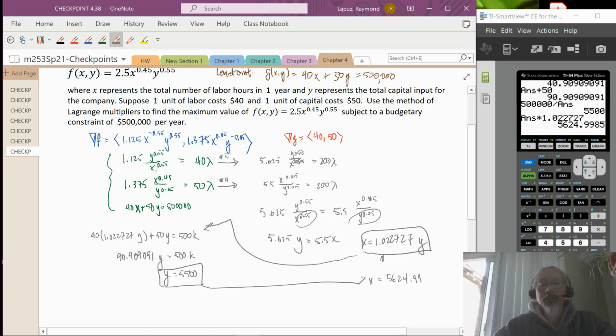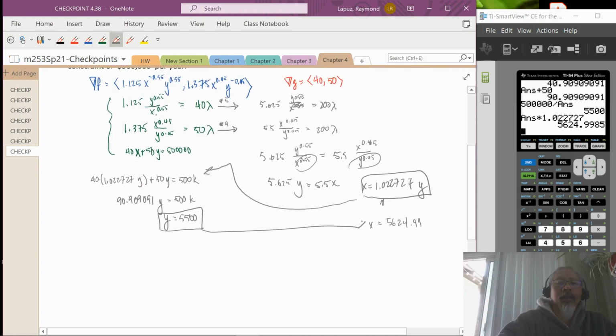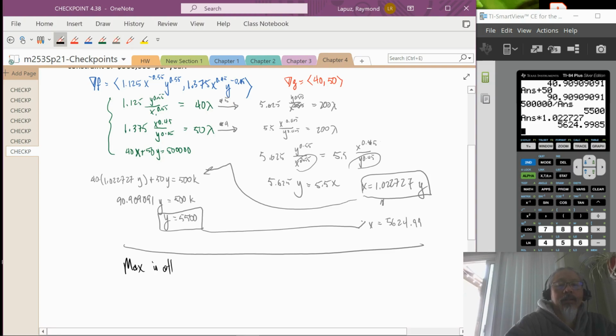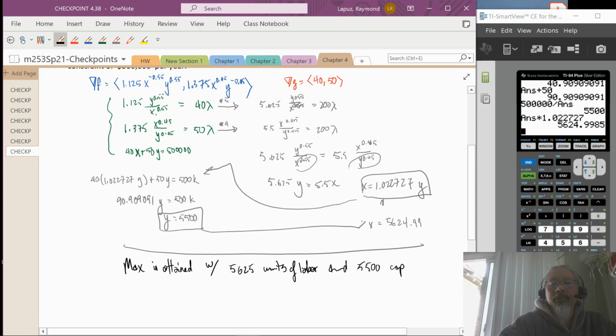So we'll go ahead and say 5625 with that. And so the max is attained with about 5625 units of labor, that's the x, and y is equal to 5,500 capital.